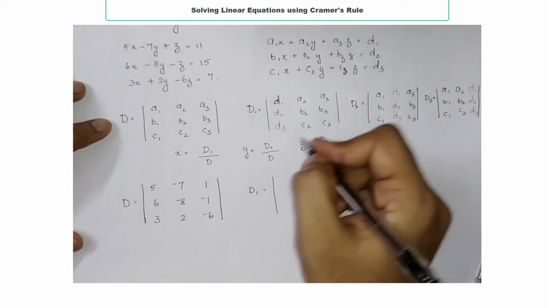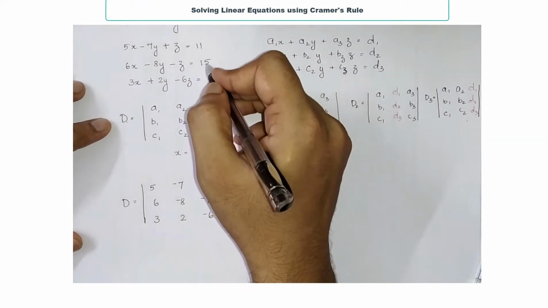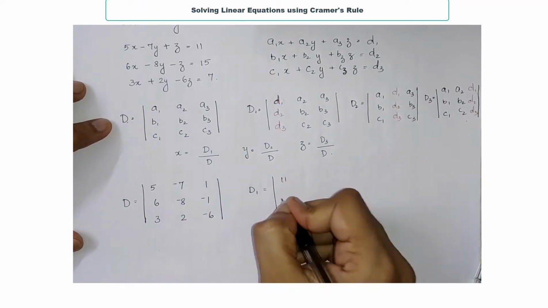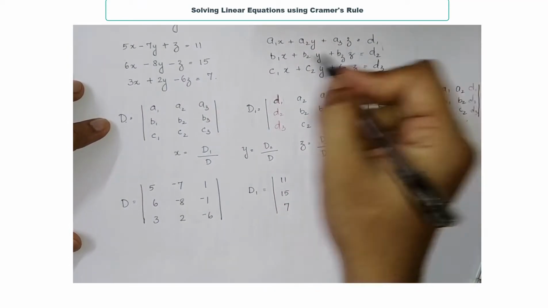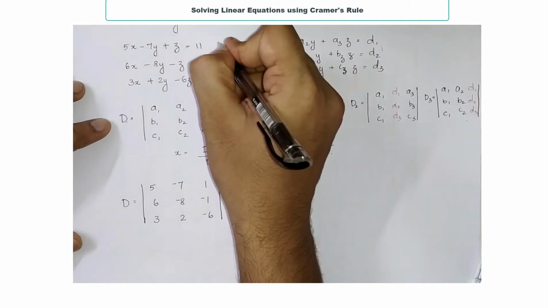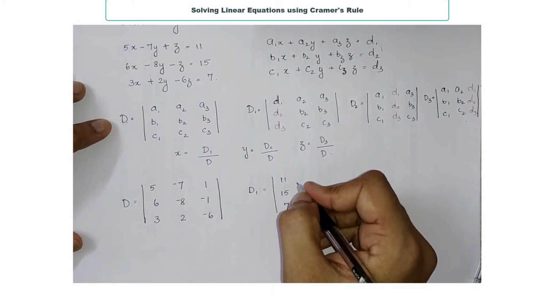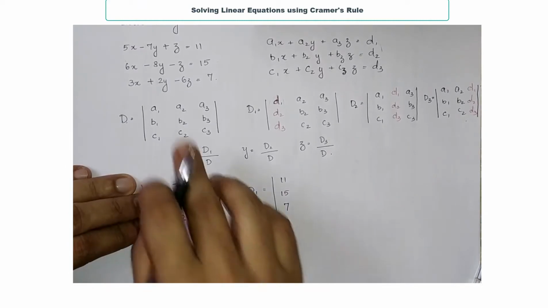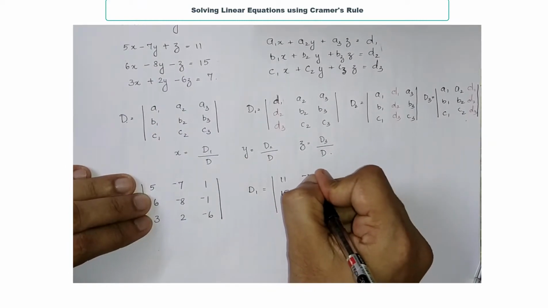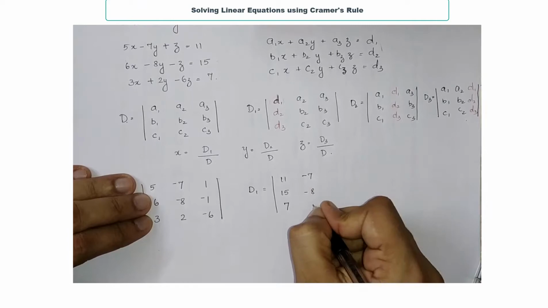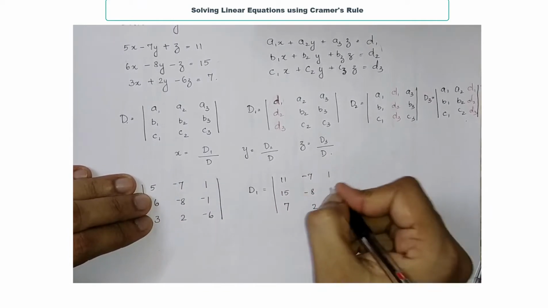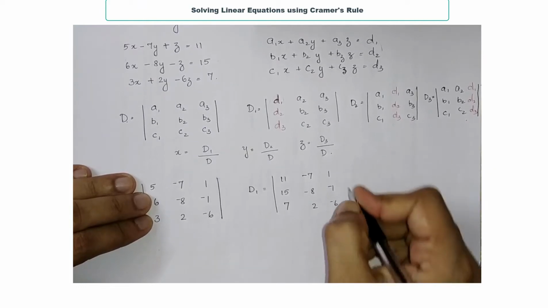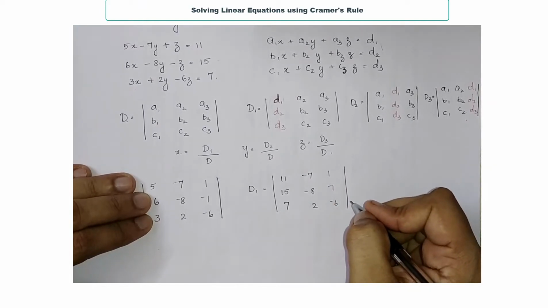The first column is getting replaced by 11, 15 and 7, because that is d1, d2, d3. I hope you understood. Then you copy the same things: minus 7, minus 8, 2, you're copying the same two columns, 1, minus 1, minus 6.